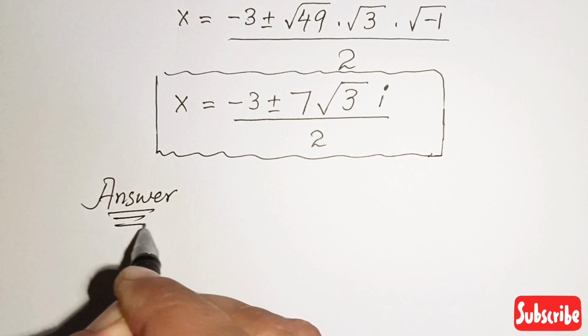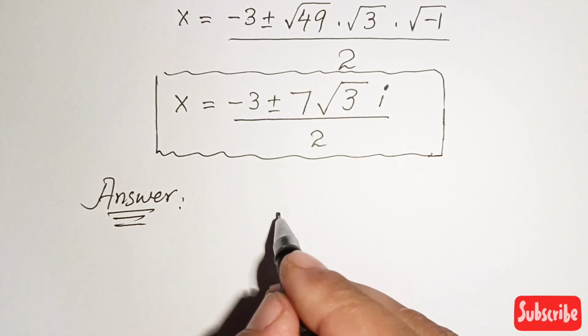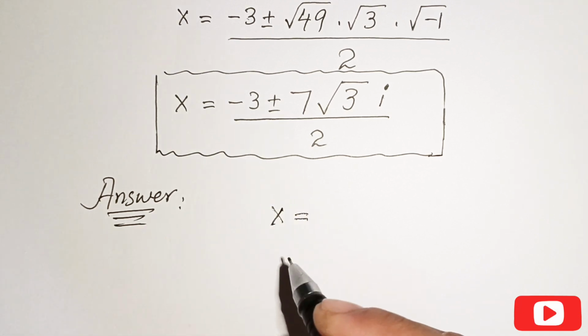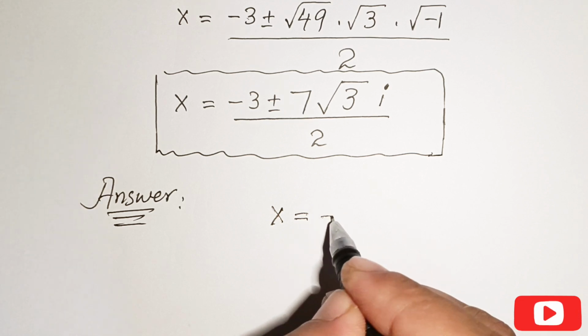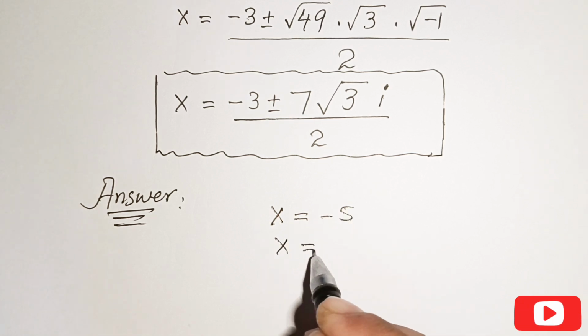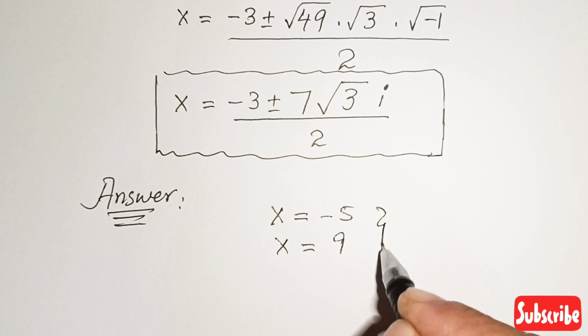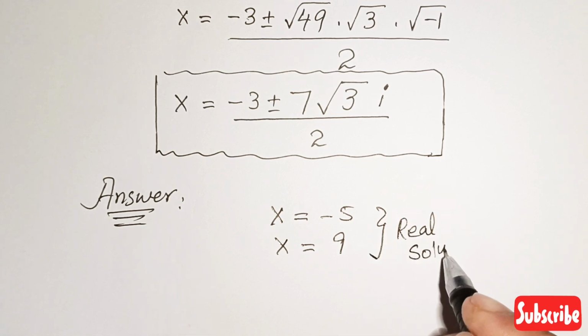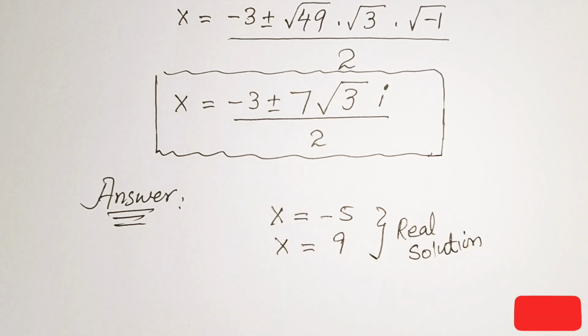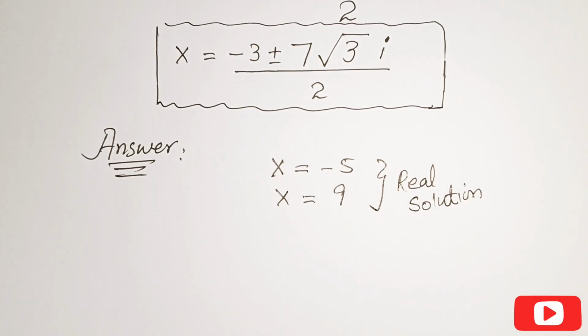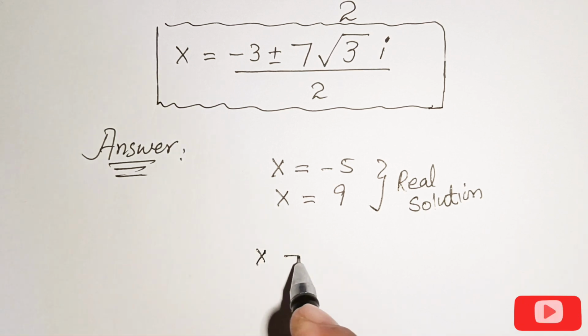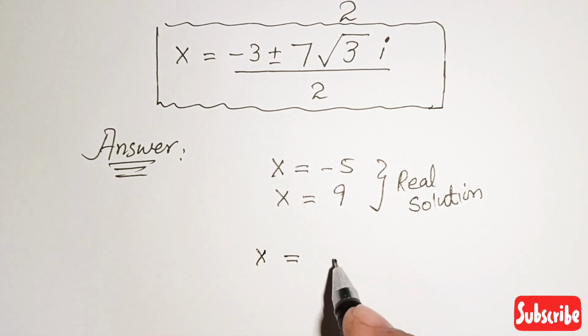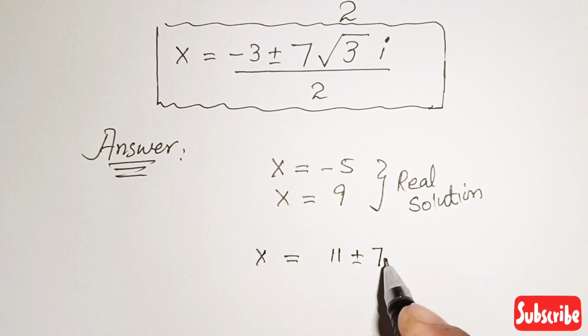So we have two real solutions, that is x is equal to minus 5 and x is equal to 9. These are two real solutions. Now our complex solutions are x is equal to 11 plus minus 7 times square root of 3 i.